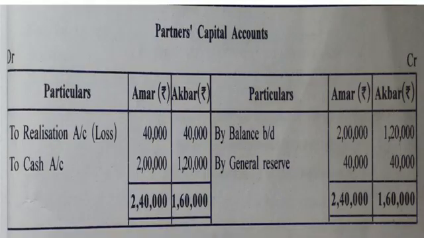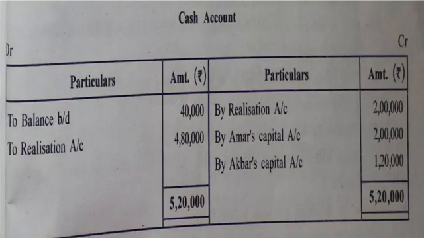So if you are writing to cash in partner's capital accounts, then obviously in cash account we are going to write Amar's capital account, Akbar's capital account with the respective amount. This just shows how much is the amount that is paid to partners.